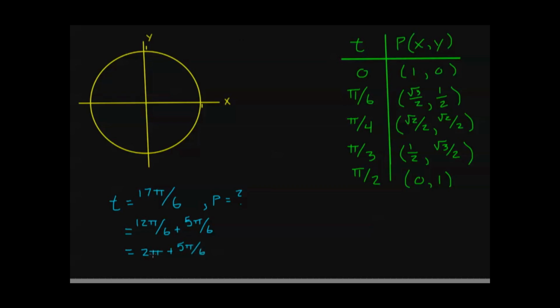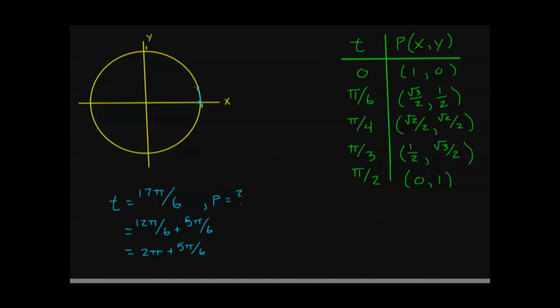As we've discussed in the past few videos, any increment of 2 pi we can ignore. Again, not because 17 pi over 6 and 5 pi over 6 are the same number, but because 2 pi represents one full rotation. So the terminal points determined by 17 pi over 6 and 5 pi over 6 are going to be the same. All right, so let's look at 5 pi over 6.